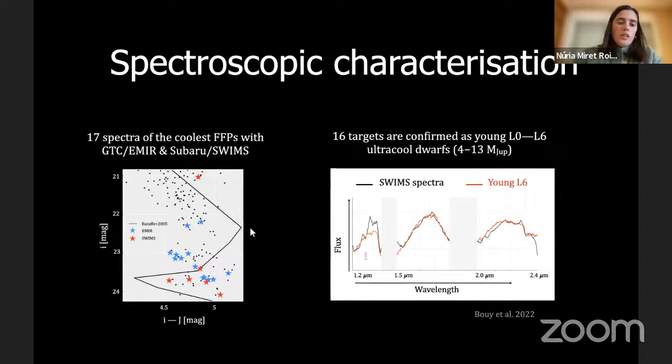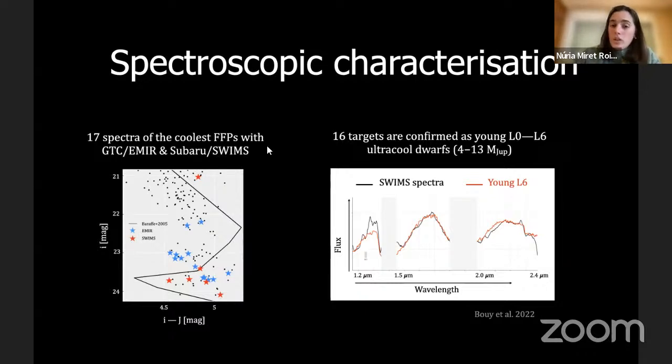So what we did is to select a random sample of our free-floating planets, which is this one in this color magnitude diagram, and the objects marked with a star were observed with these 2 spectrographs, EMIR at the GTC and SWIMS at Subaru.